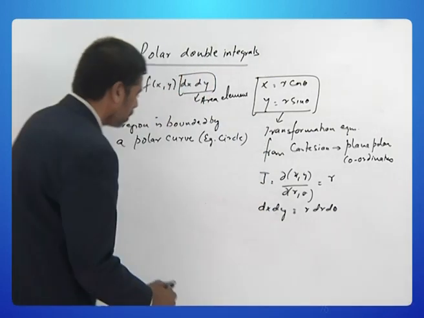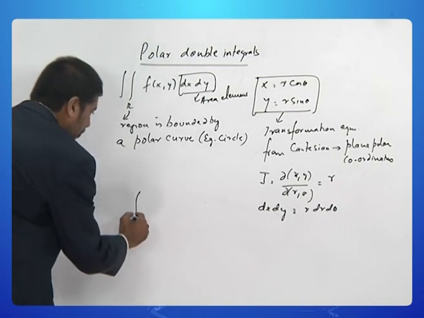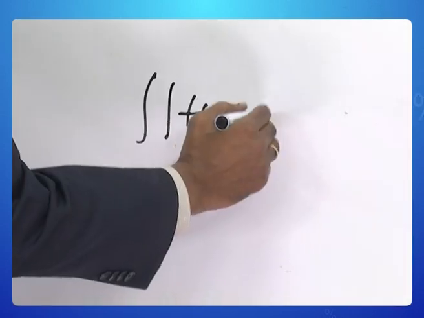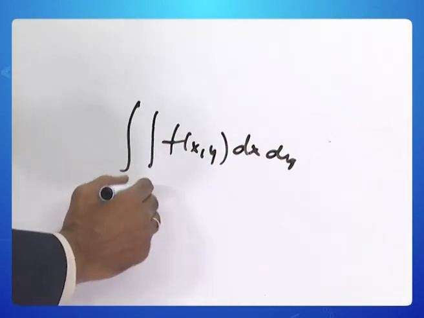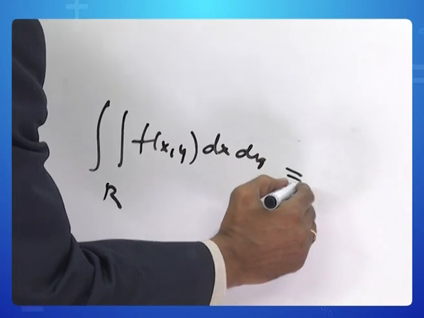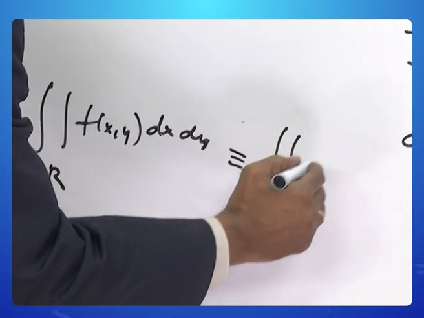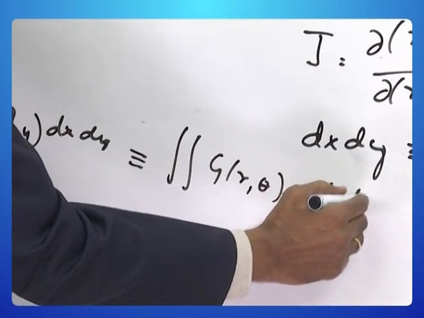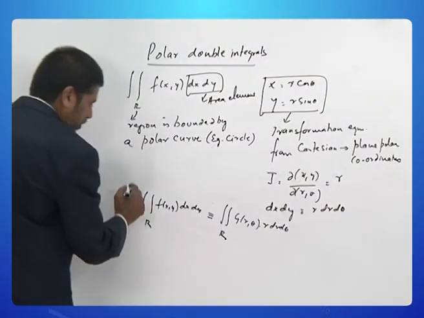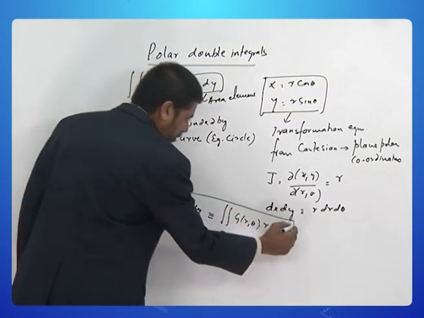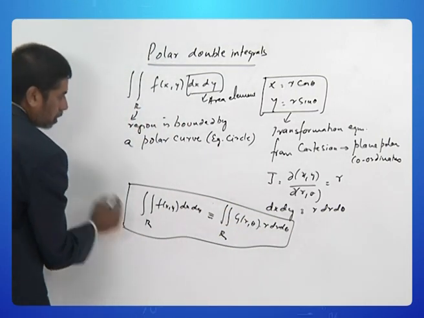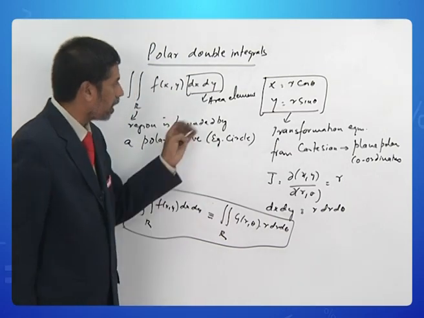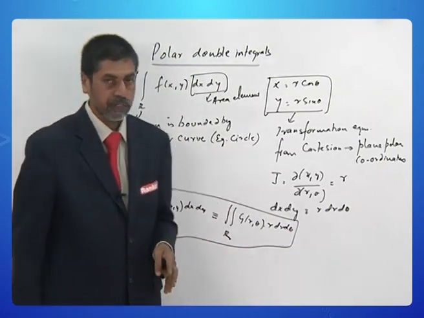Therefore, double integral f of xy dx dy over R will correspond to some g of r theta into r dr d theta over R. So this is the idea behind polar double integrals.